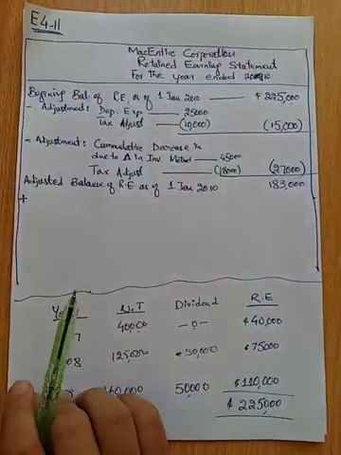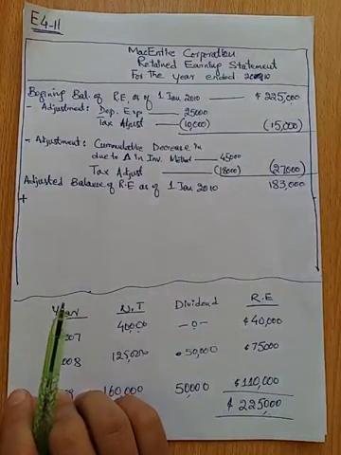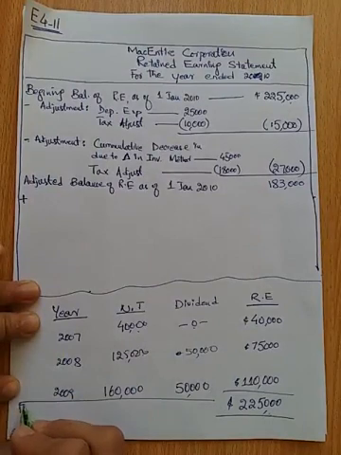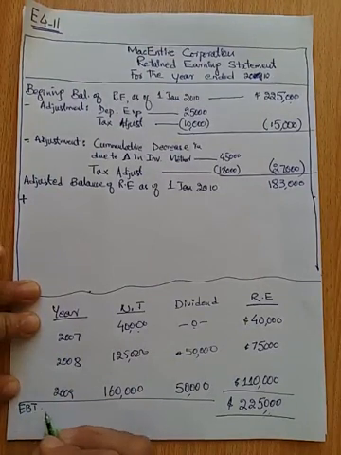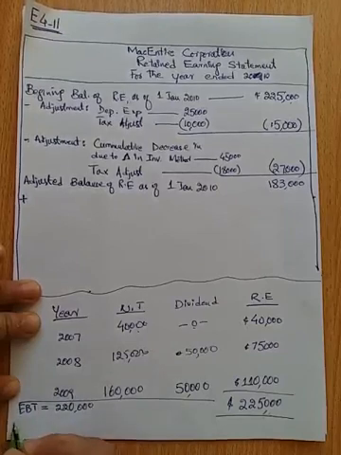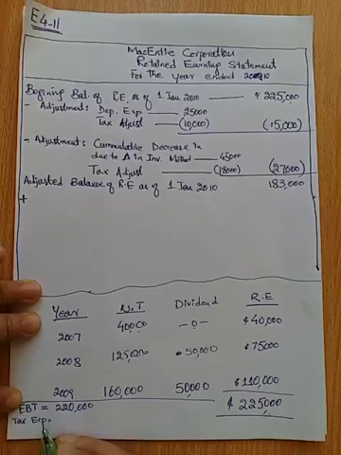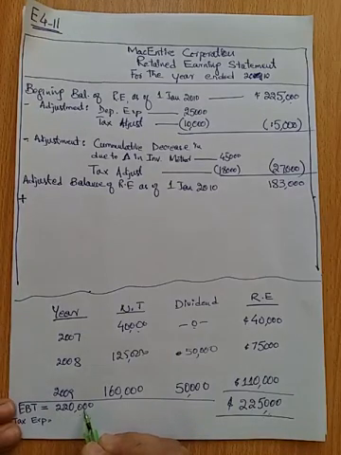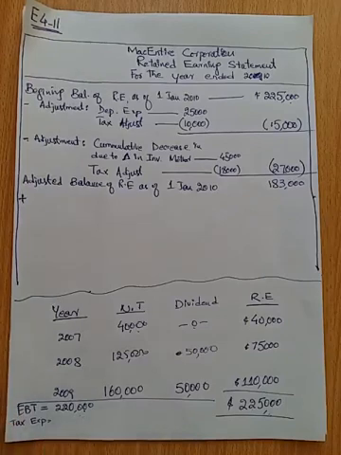So let's calculate the net income. Okay, so EBT is equal to $220,000. So if I want to calculate the tax expense, I will multiply 40% with $220,000.